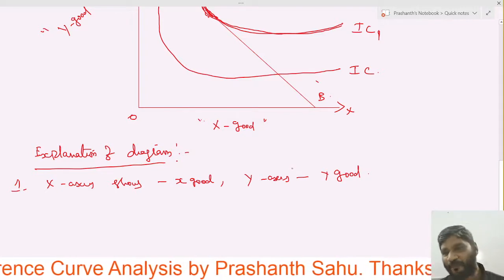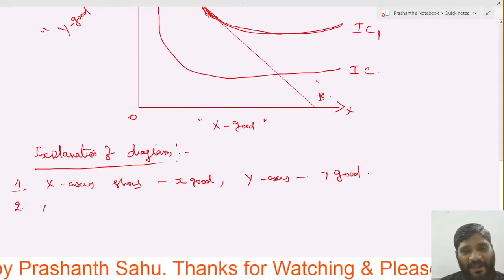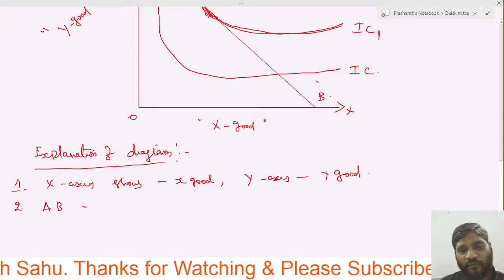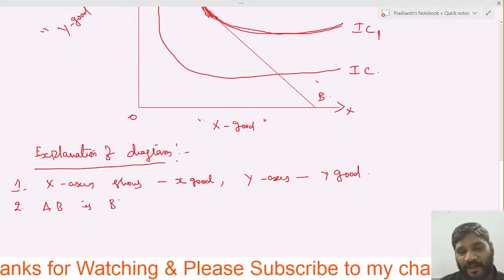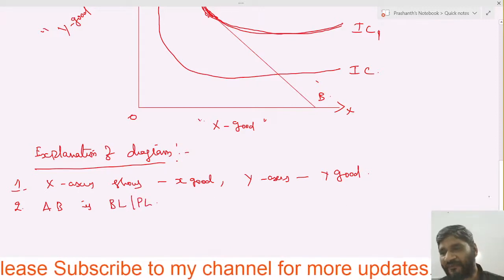Number one point is clear. Number two, AB: AB is the budget line as well as the price line we have taken.